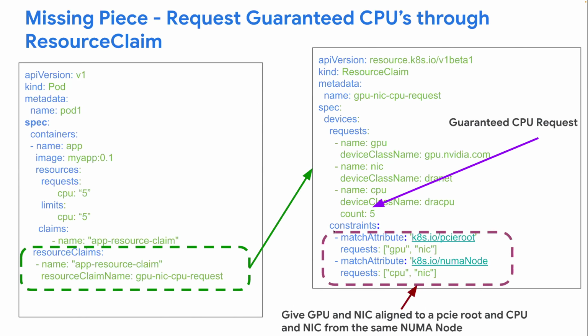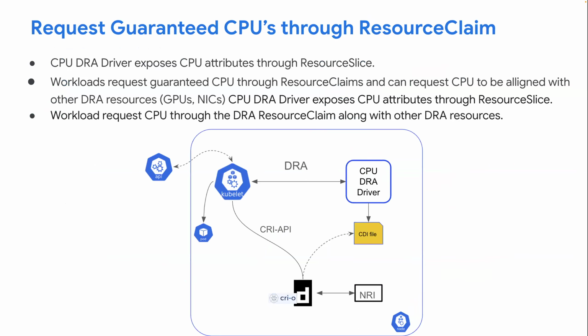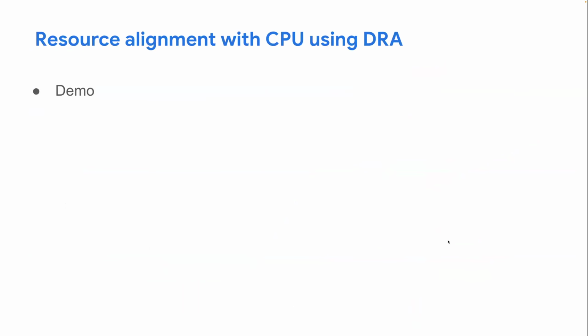Again, we are using the match attribute in the DRA resource claim to make sure the GPU and NIC align on the PCI root, and the CPU and NIC align on the same NUMA node. So eventually all three resources, CPU, GPU, and NIC, would be aligned to the same NUMA node. I can share a demo of how this would work.